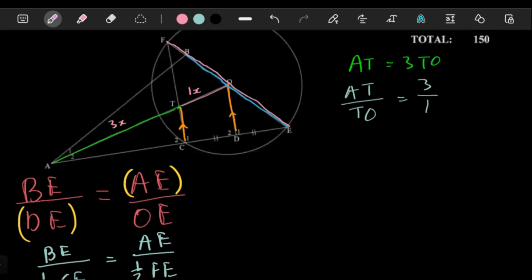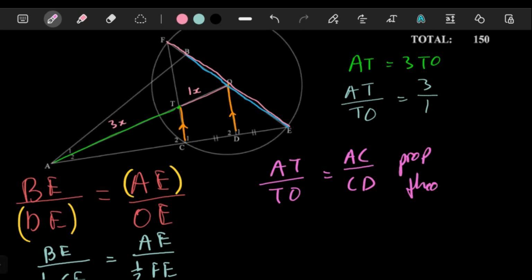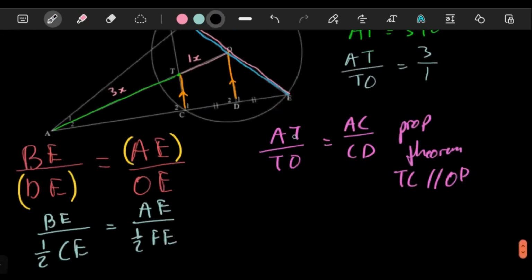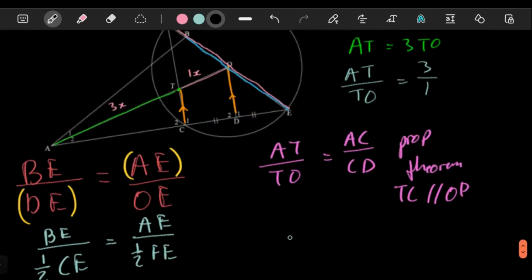So what we know is that AT over TO is definitely equal to AC over CD, right? Because of the proportionality theorem. Then we can add the TC is parallel to OD. So let's see what we can write out here. AT over TO, that's like 3 over 1 because of what they gave us. And then AC over CD.